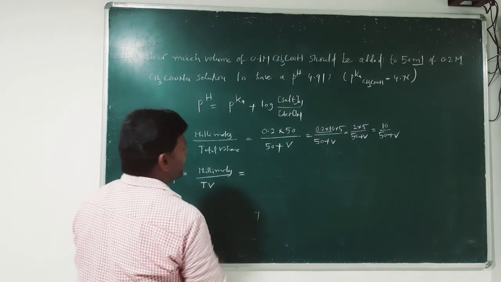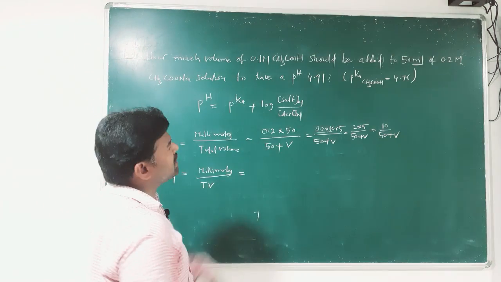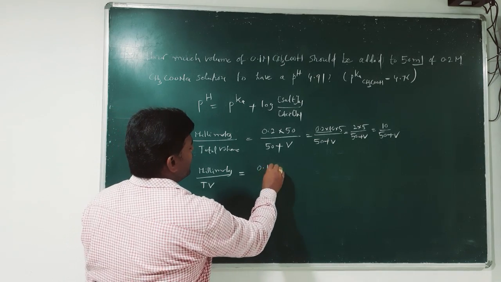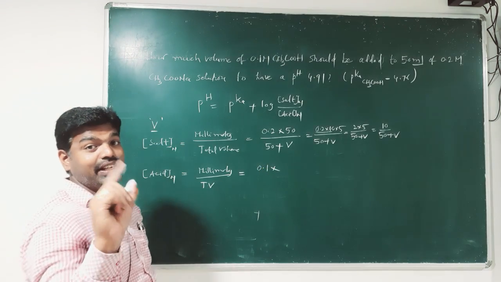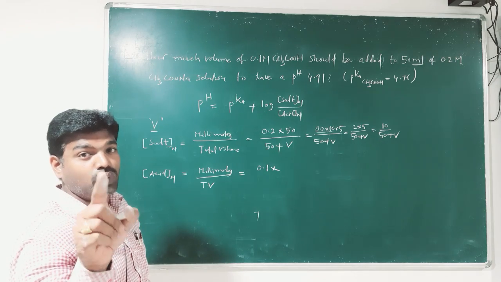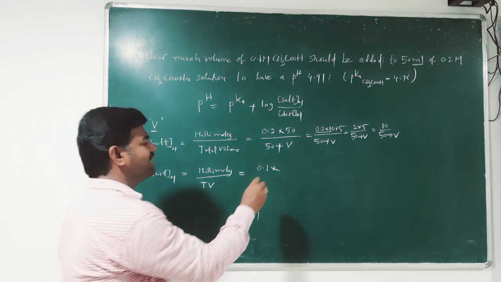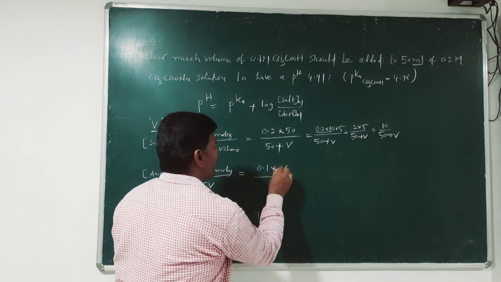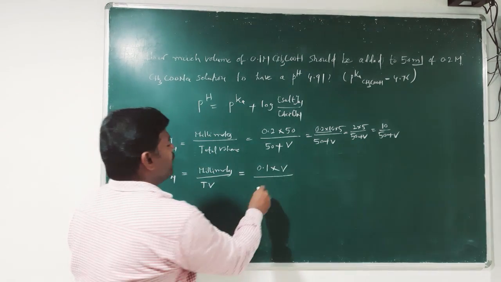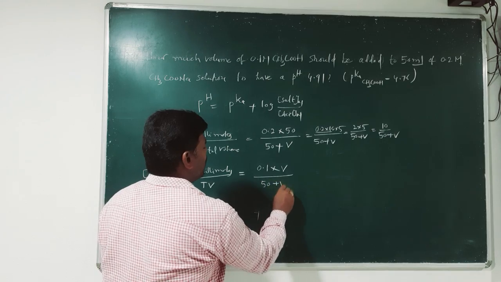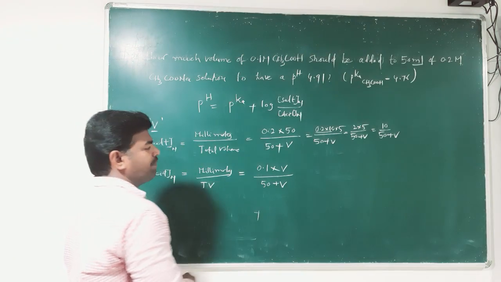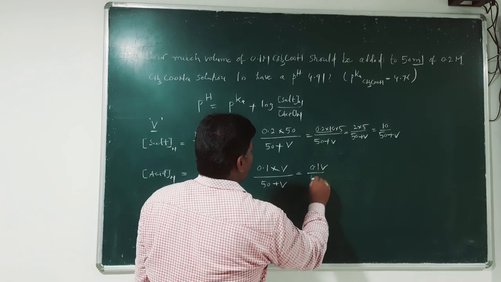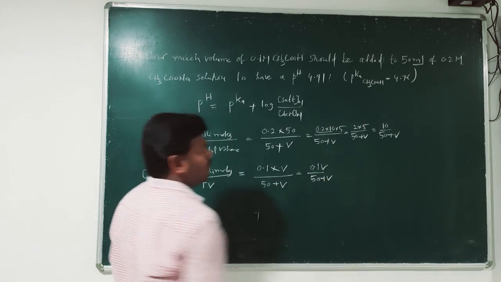Millimoles is concentration in molarity into volume, but they didn't give the volume and they asked us to calculate it, so we say that volume is V. So it is 0.1 into V by 50 plus V, where the total volume is 50 plus V.